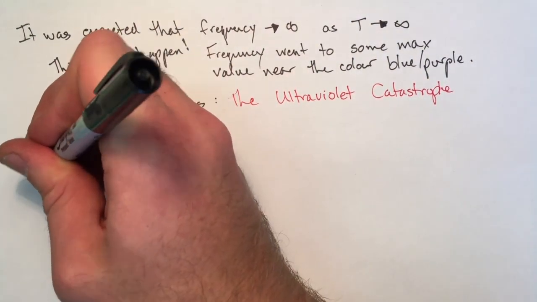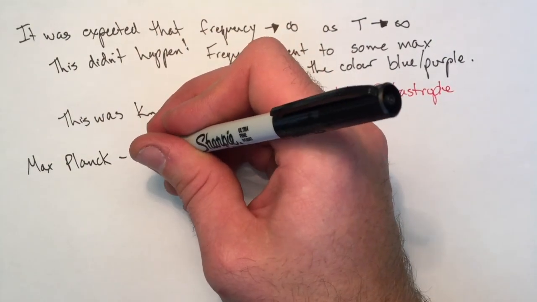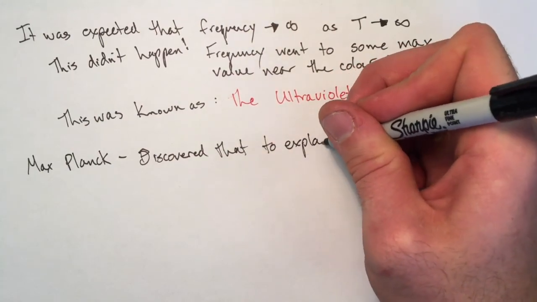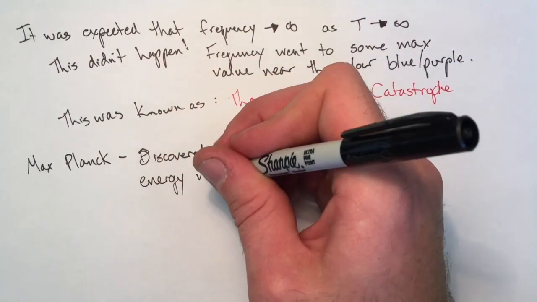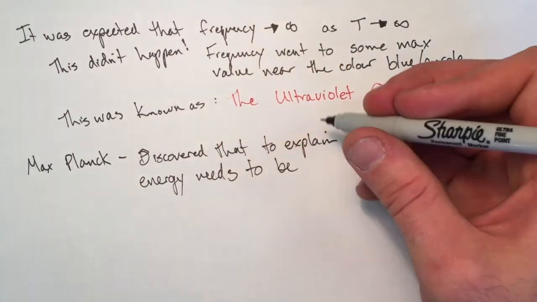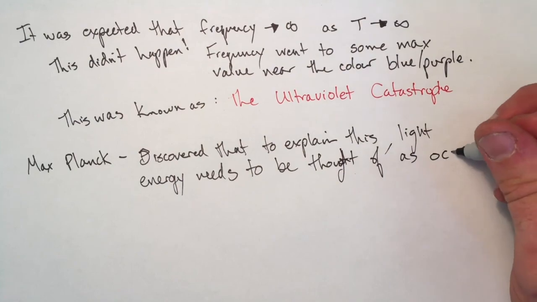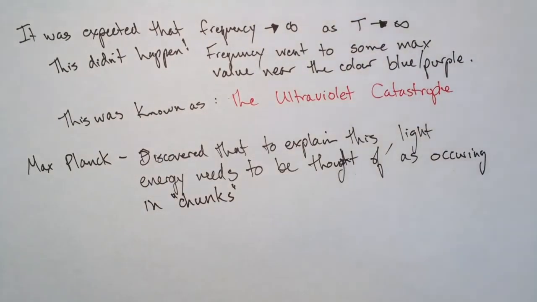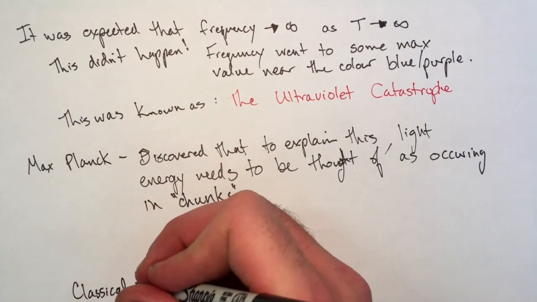We couldn't explain this until Max Planck finally came along. He discovered that if we're actually going to think of light properly, we can't think of it as an energy that's continuous, meaning an energy that's able to freely change from one form into another. We have to think of it as an energy that can only change in discrete packets or discrete chunks.